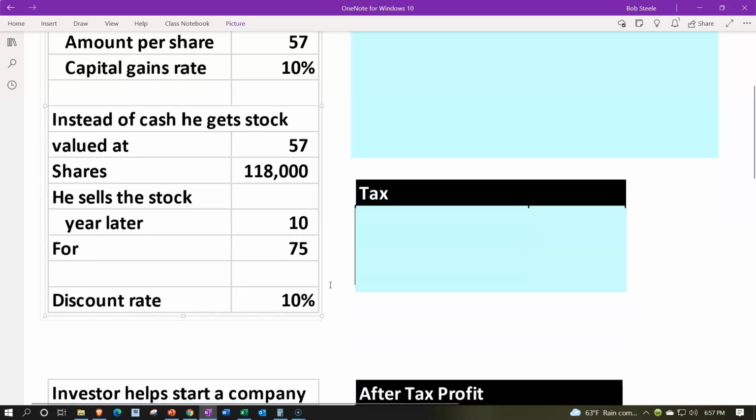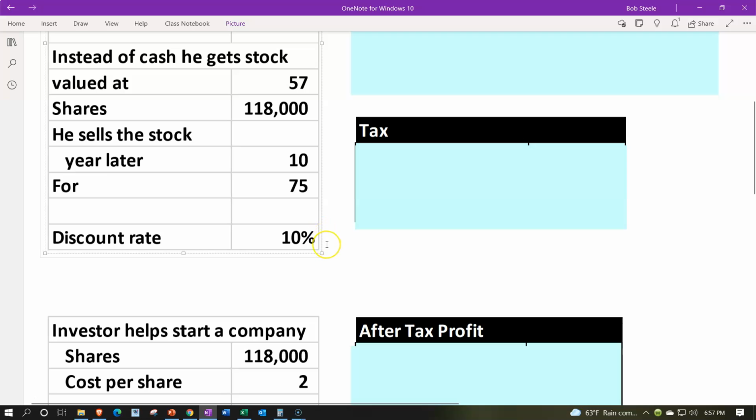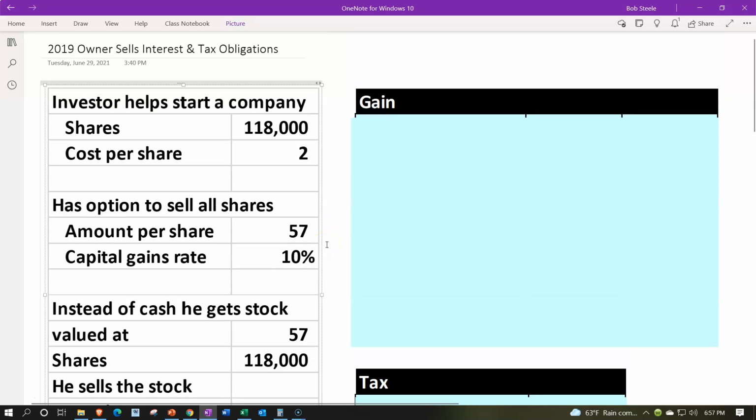Then we're going to assume that the price at the sale is $75, an increase from the $57, but he had to wait 10 years to get that increase from 57 to 75. Would they be in a better tax situation if that was to play out in that format? And then we have the discount rate of 10% when we get to that second option.